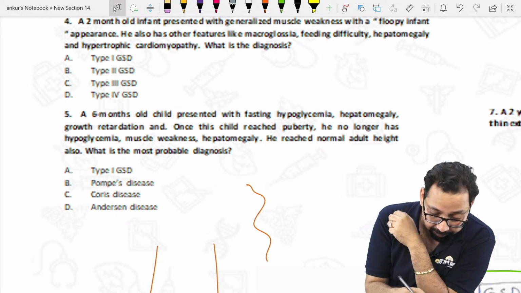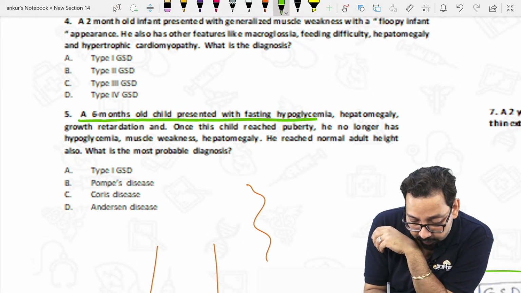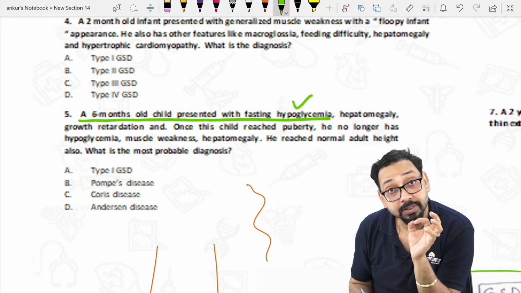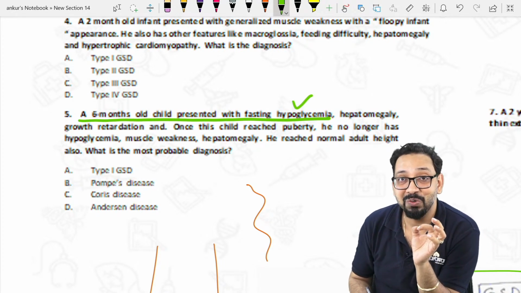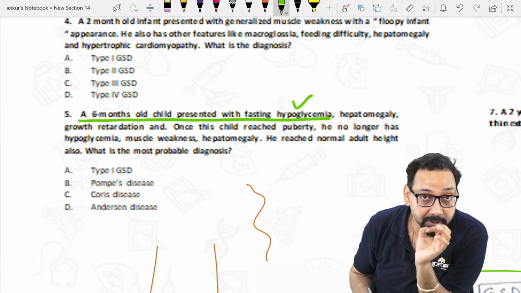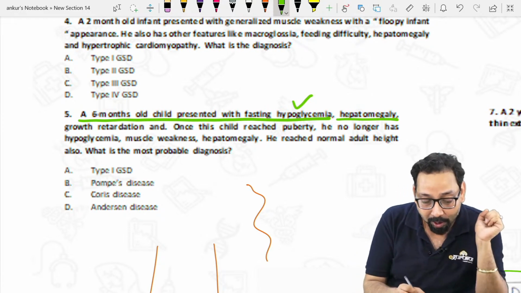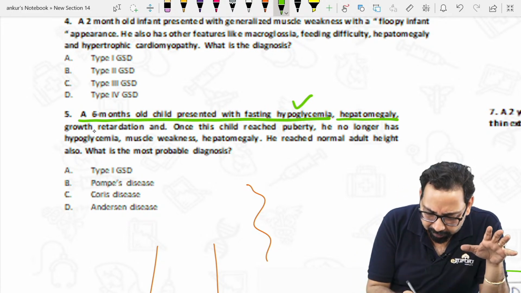Now please tell me the answer. A 6-month-old child presented with fasting hypoglycemia. I told you, in liver glycogen storage disease, fasting hypoglycemia may be there, hepatomegaly may be there, other symptoms, growth retardation.